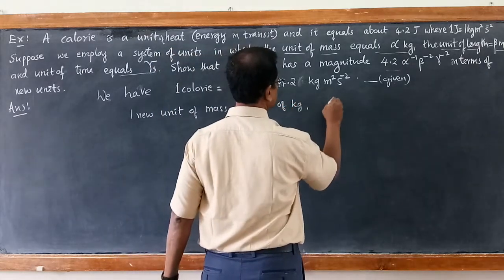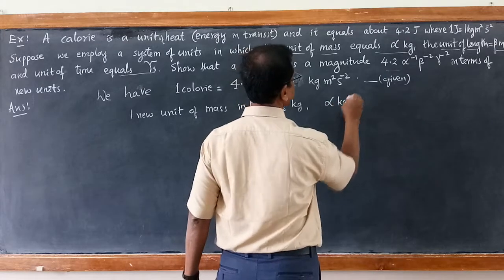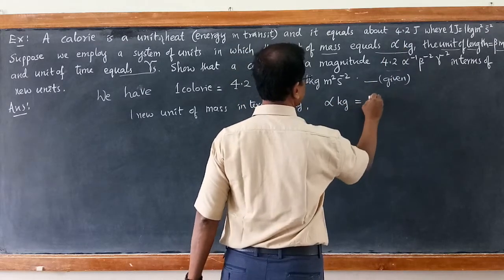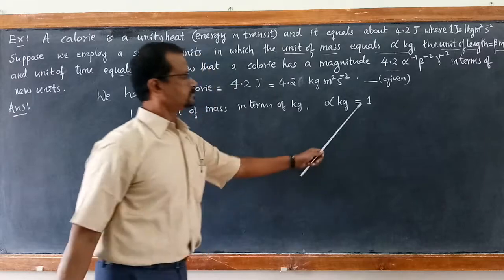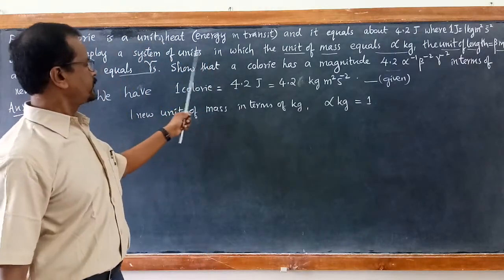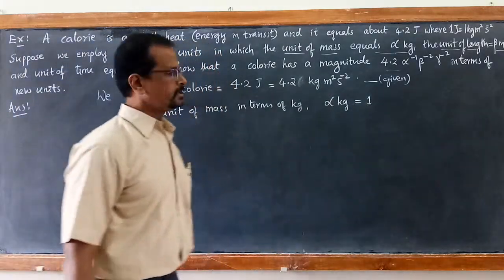That is alpha kg. Alpha kg is equal to 1 unit. I am writing it as 1 unit.